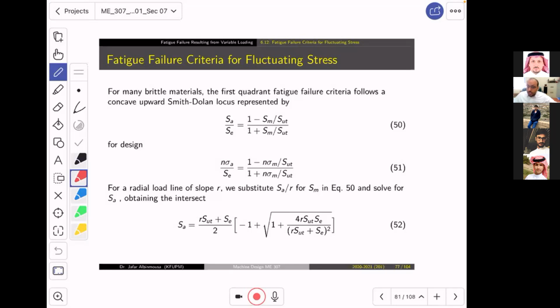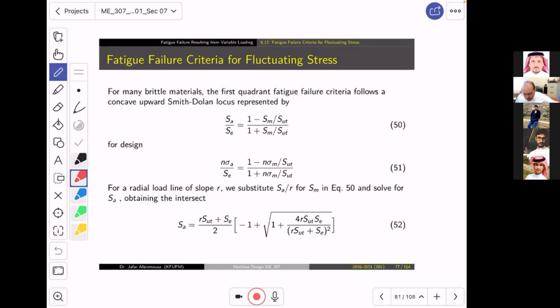We saw ME-elliptic talks about yielding. And the truth is, brothers, I just told you that the yield is too much. So ultimate is way too high for cyclic loading. So those are all ductile materials.